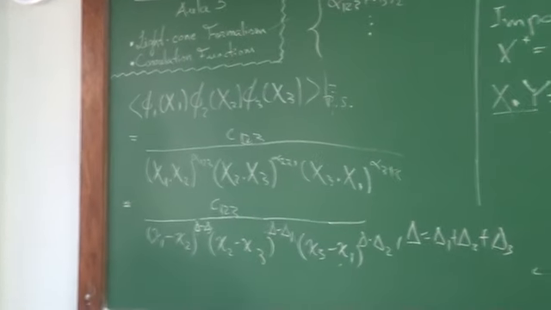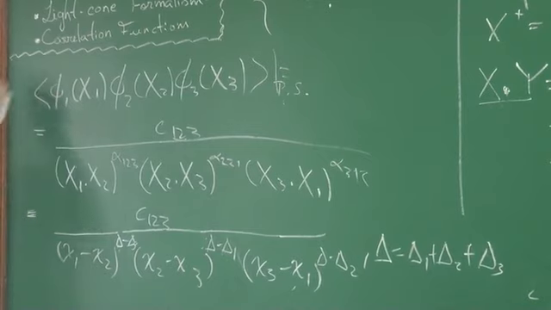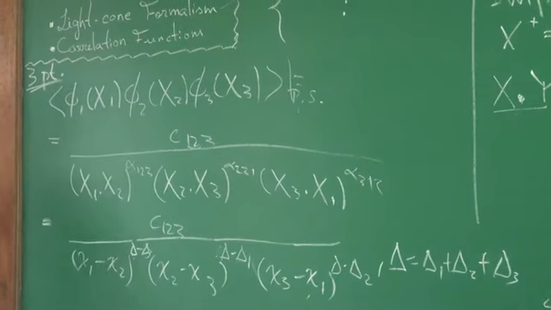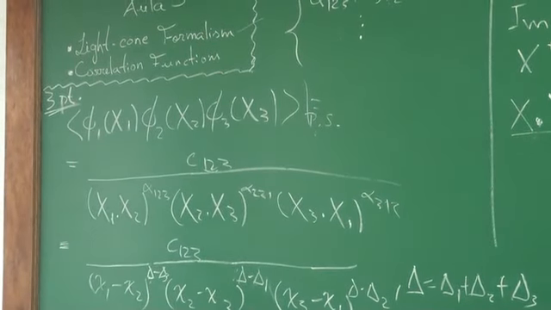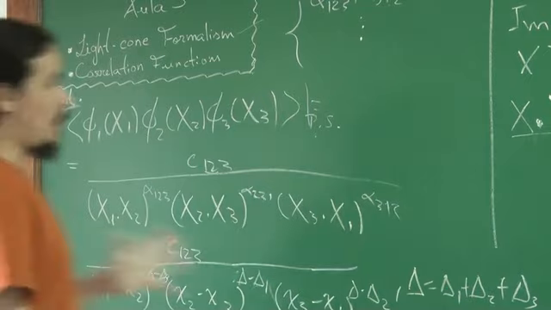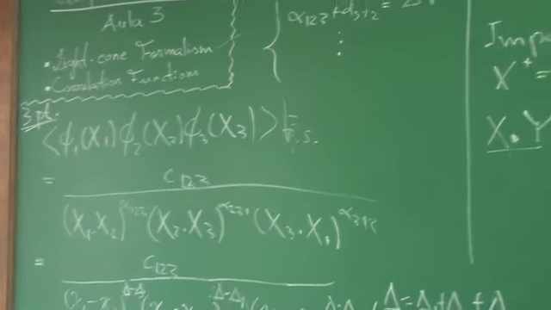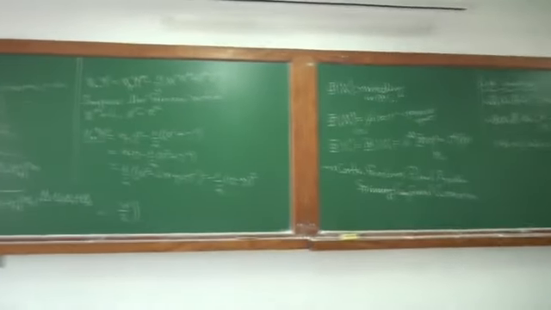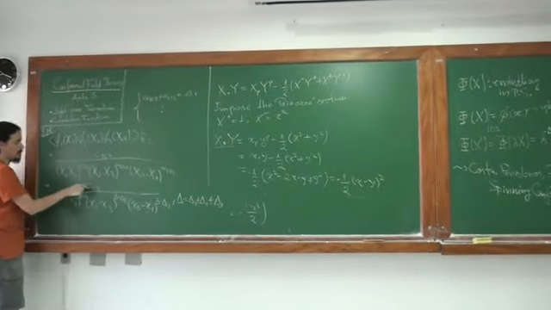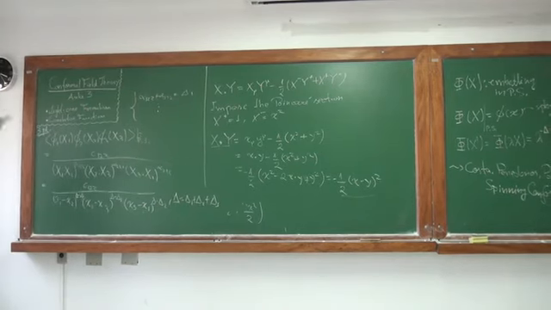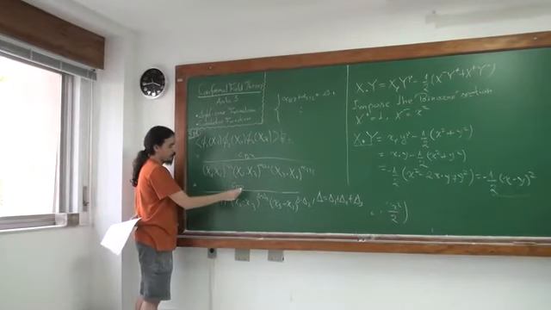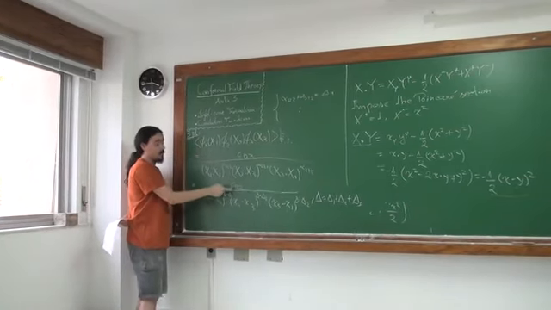Any questions? So what conformal symmetry does, it completely fixes the formula of 2-point functions and it fixes the form of 3-point functions, except for this constant here. Okay? If we rescale the 2-point function constant to 1, which we usually do, then we cannot fix this constant.